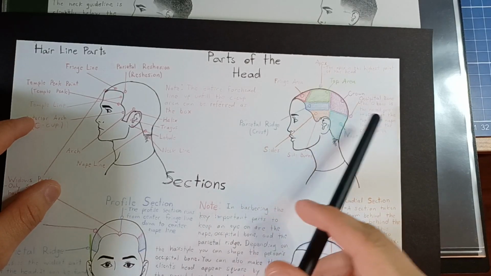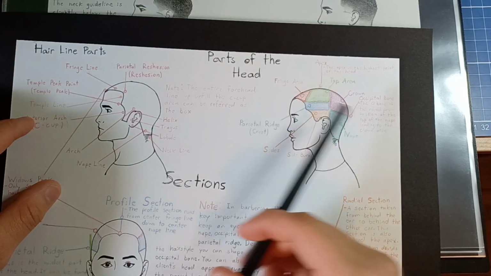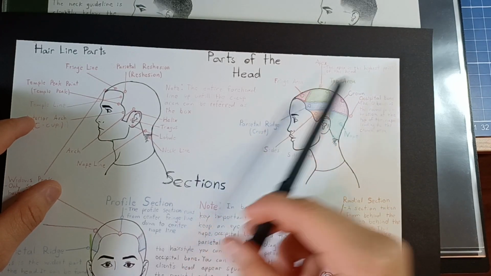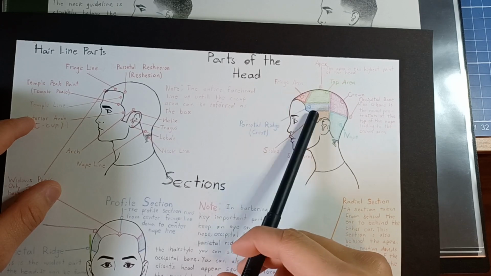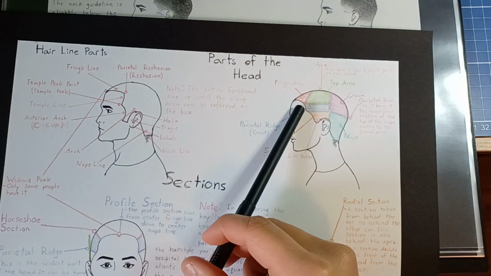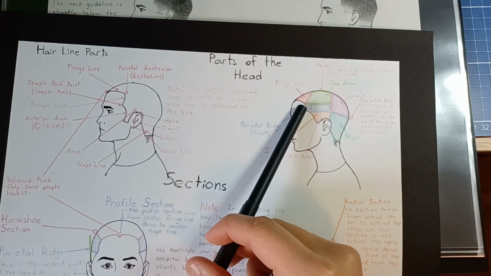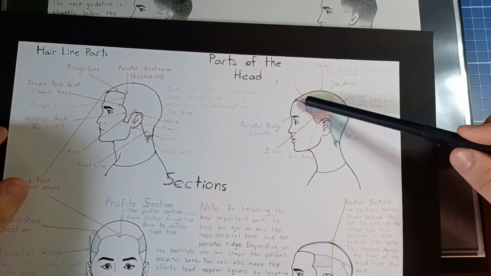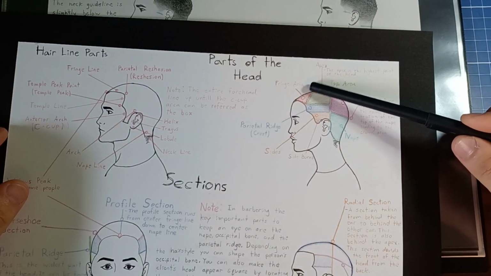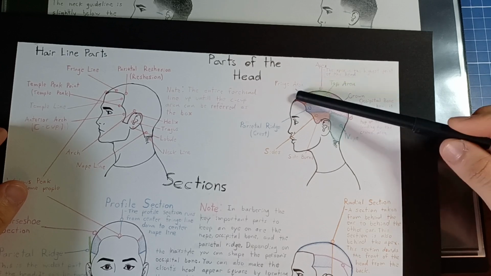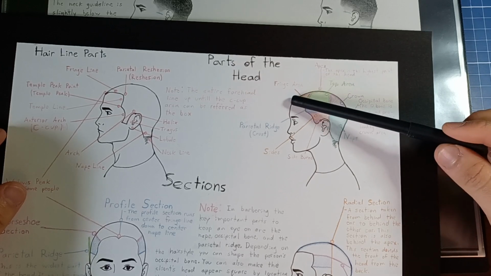Now we're going to go through the parts of the head. Here we've got the fringe area, which is across your fringe line, right at the parietal recession, in a triangular pattern, and it ends right between the apex and the fringe line.